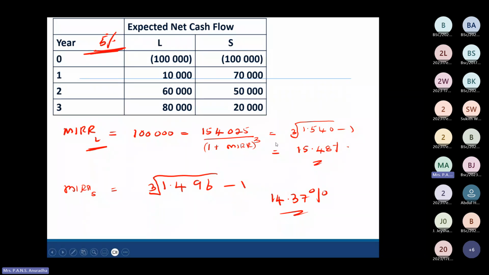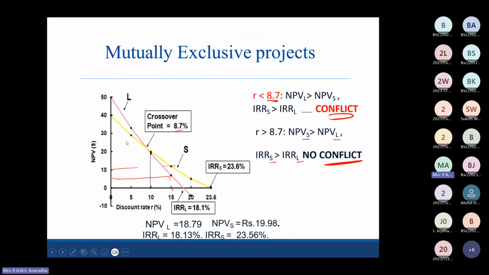Now go to the diagram. At 5% level, there is a conflict between the IRR and NPV. According to the NPV, it says to accept project L because NPV of L is greater than this. Now MIRR, what does it say? You have already calculated MIRR. So MIRR of project L is greater than the MIRR of project S. So now there is no conflict.